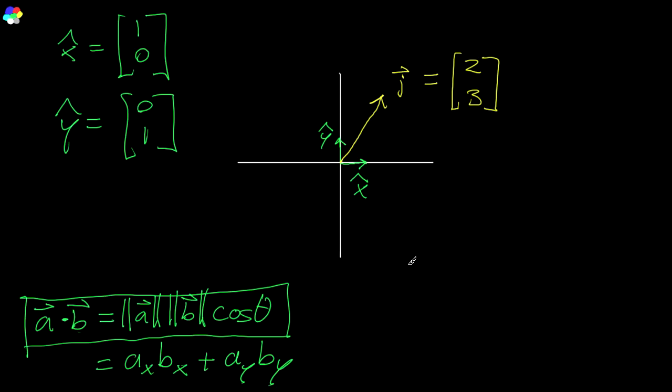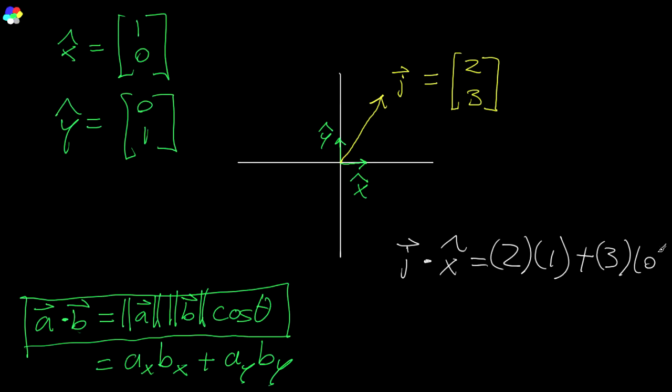Well, we could just do j dot x hat, and here x hat is (1, 0), so we do 2 times 1 plus 3 times 0. That cancels out the y component, and we're just left with 2.